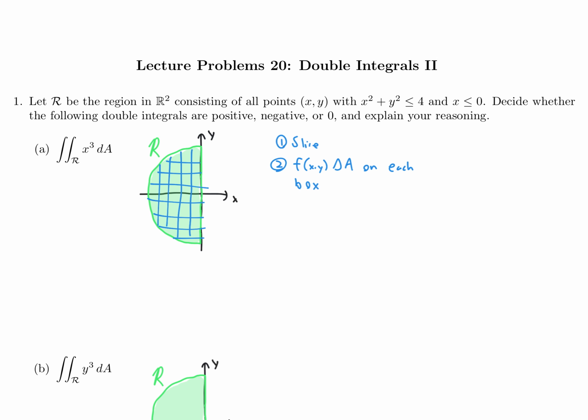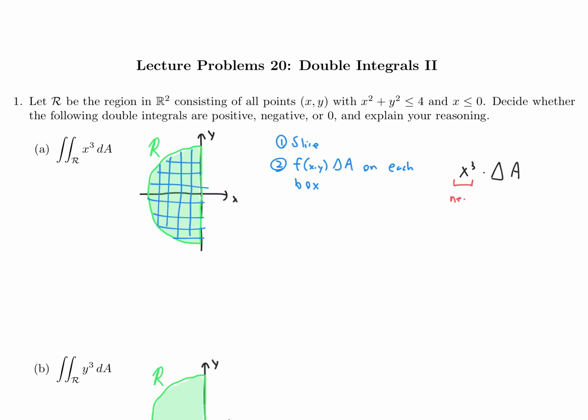Since the function f of xy is x cubed, I'll just be doing x cubed times the area of the box, times delta A. Now the thing that I can notice here is that that function x cubed is always negative on the points inside my region. If I'm looking at the region here, all of these points have negative x values, and so if I calculate x cubed at any one of the points inside of R, inside of any one of these boxes, I should get a negative number.